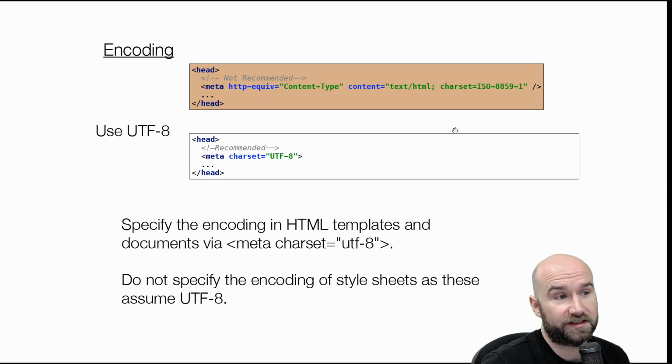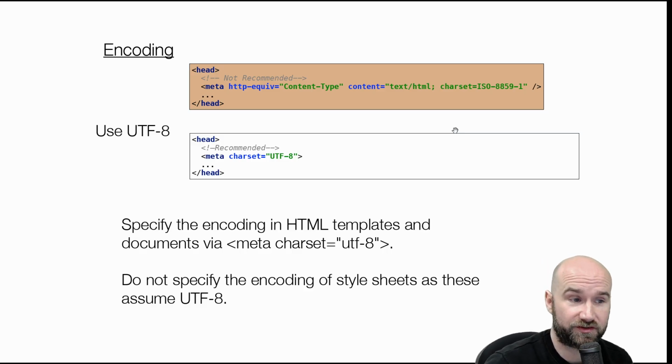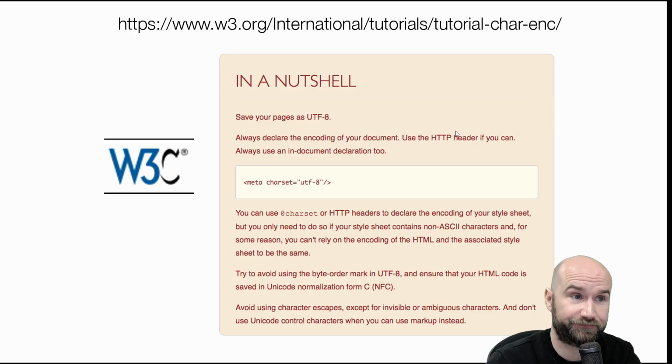So we essentially want to default to using UTF-8, which is just an encoding character set, which will allow us to do simpler things later on with special characters. And if all of our pages use UTF-8 and they're committed into the same repository, we can keep consistent with how we include things like special characters within our web pages.